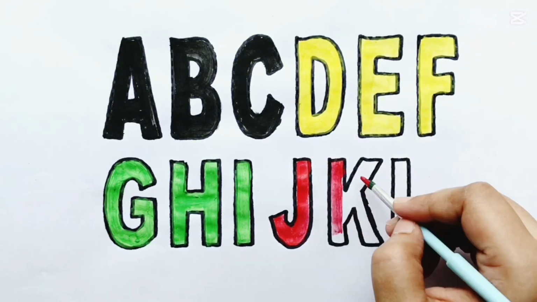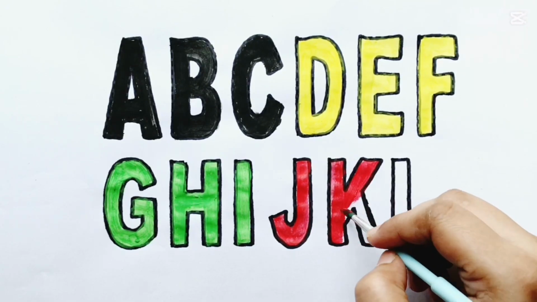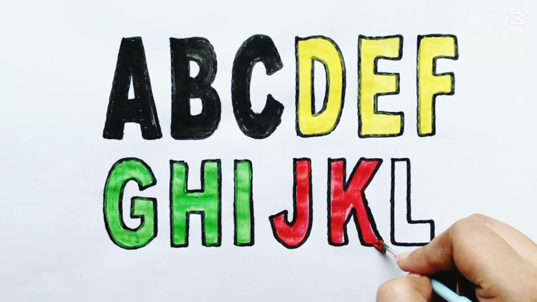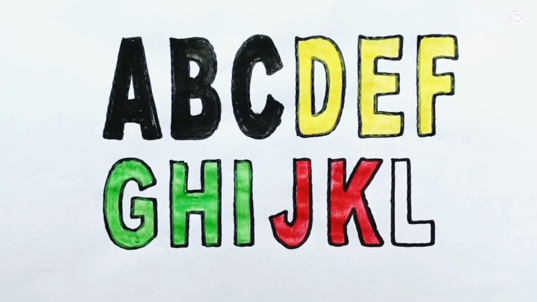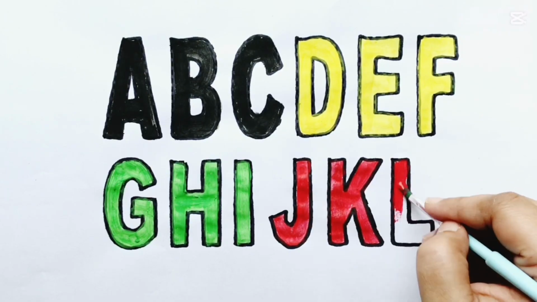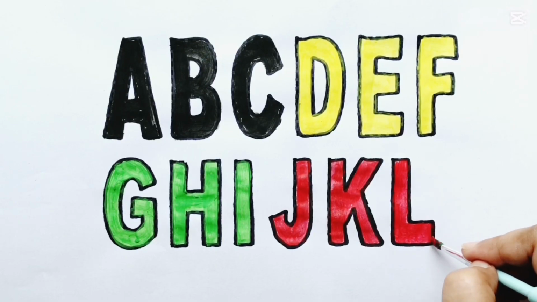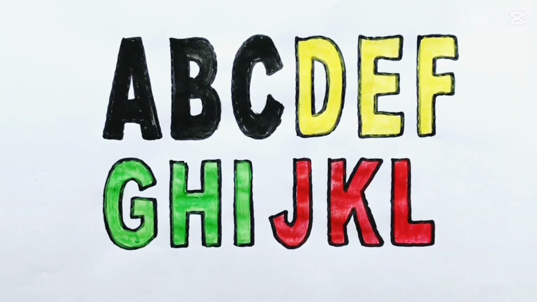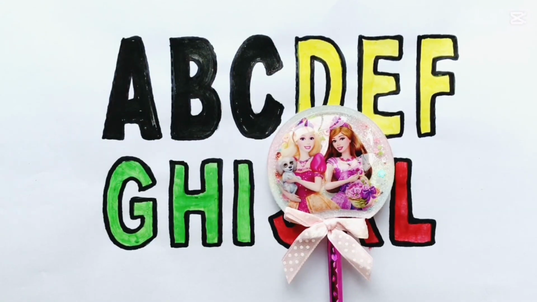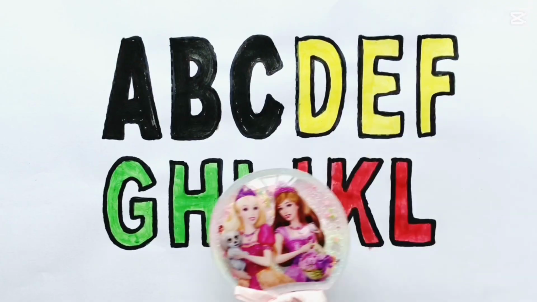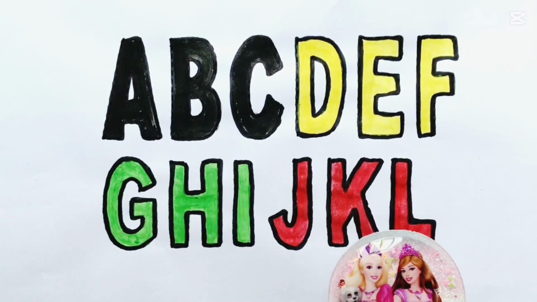K for kangaroo. L for lion. Let's repeat, learn. A, B, C, D, E, F, G, H, I, J, K, and L.